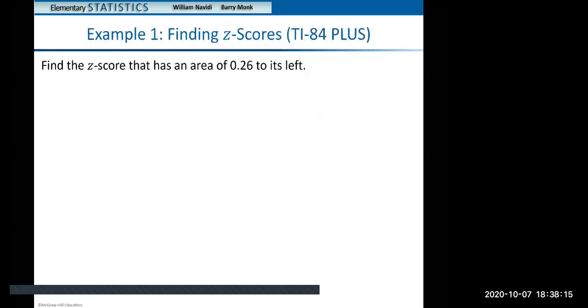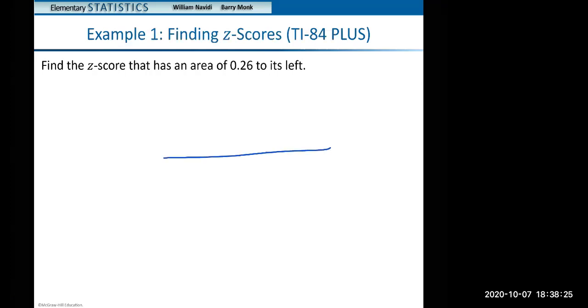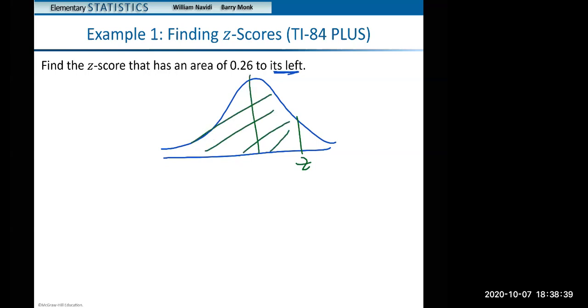So let's try this. The area to its left is 0.26. When you sketch that, it's not possible for you to have a z-score here, because to the left of this line is more than 50%, right?